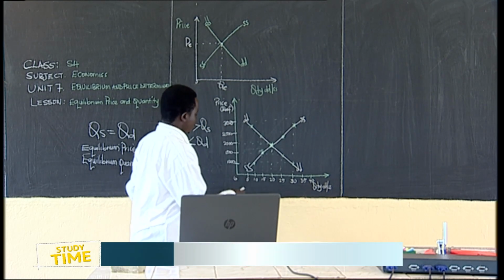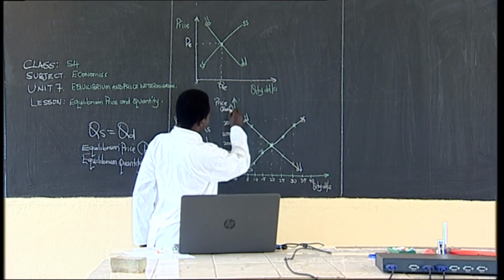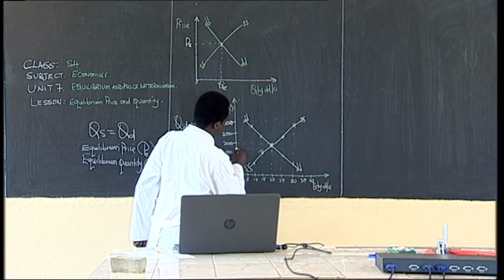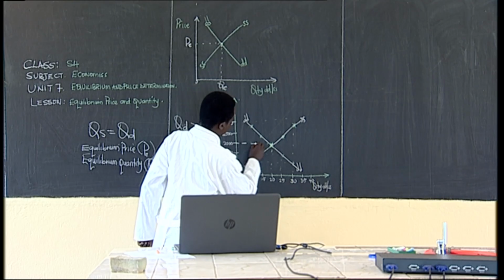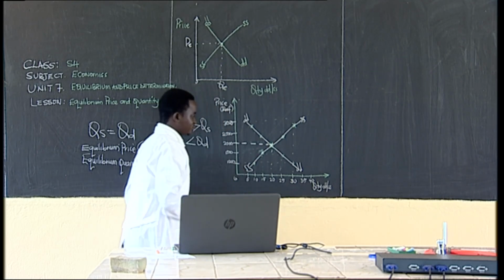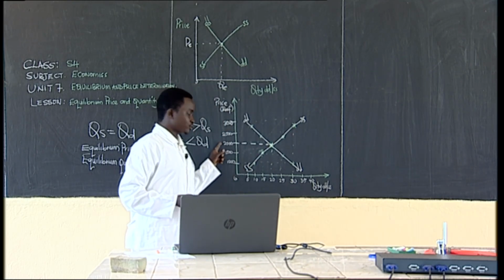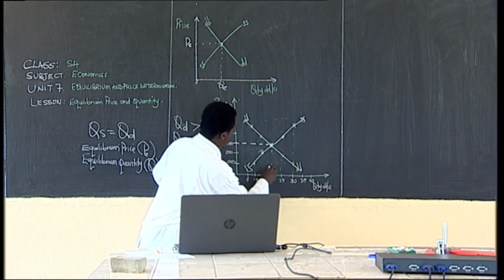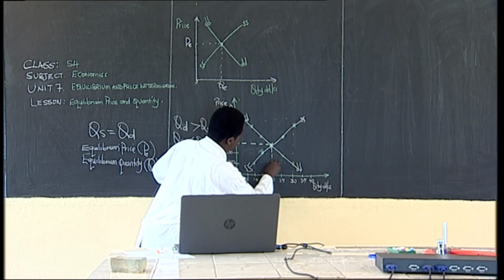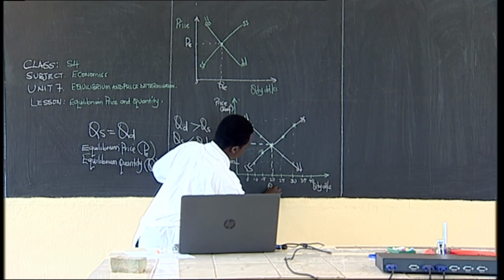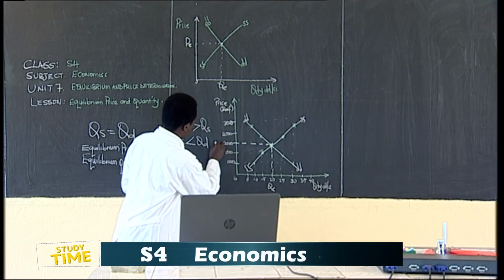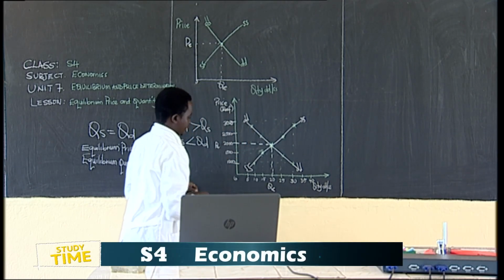Then along the y-axis, you have to determine your equilibrium price. Then along the x-axis, when you move down, you have to determine your equilibrium quantity.